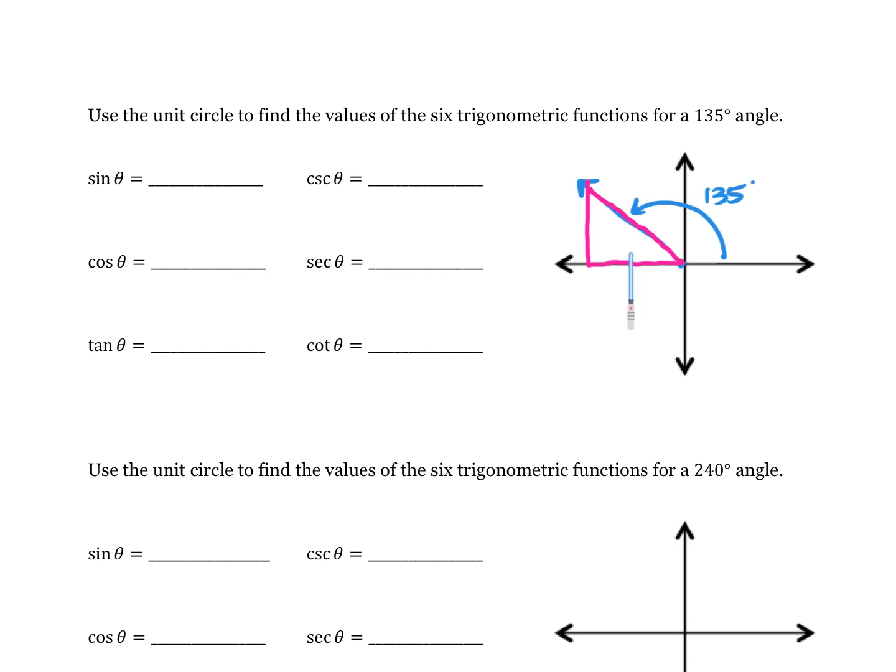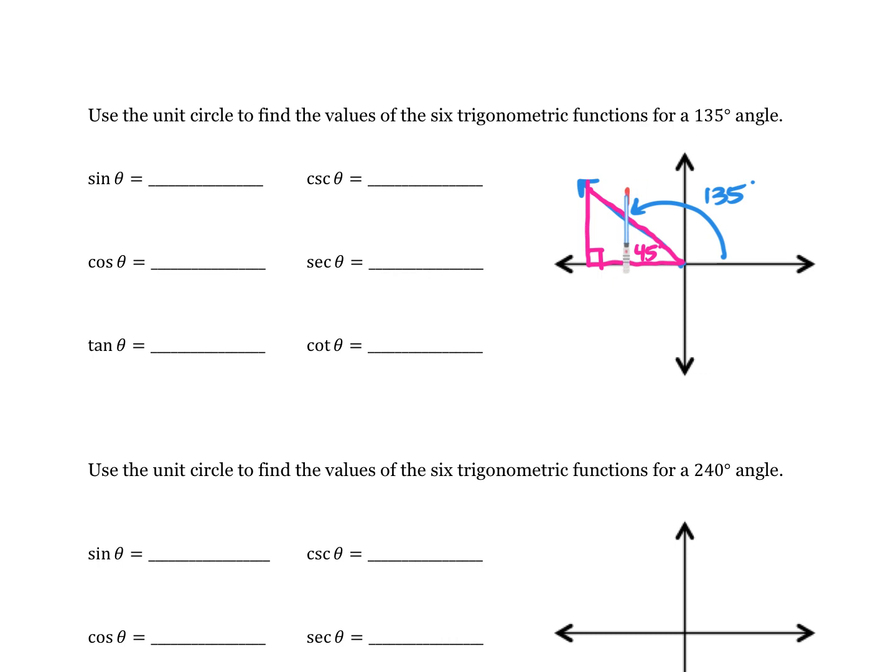How'd you get that, bud? 180 minus that 135 gets me a 45 there. What's this one going to be? 45 in this one? Boom. We got a 45, 45, 90 triangle. What is my radius all day or day? 1.